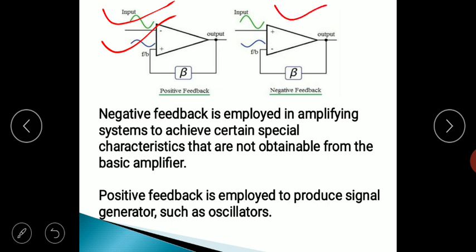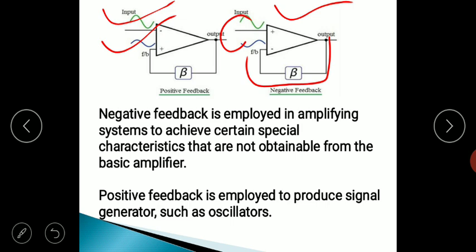Similarly, in the second case, the fraction of output signal which is taken and given to the input is out of phase with respect to the input. Both are 180 degrees out of phase. As a result, the effective input applied to the amplifier will be less, and because of that the output also will be less and the gain will be less.